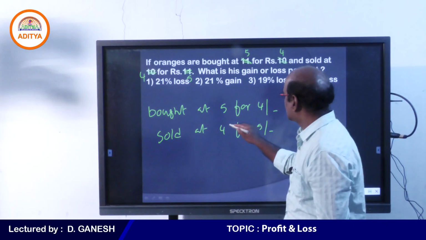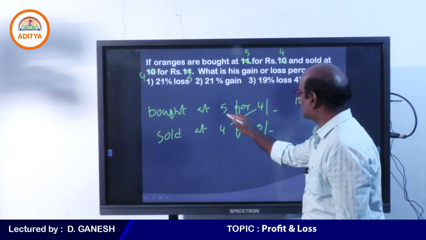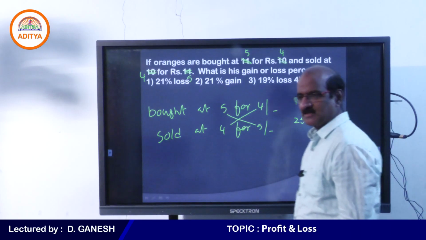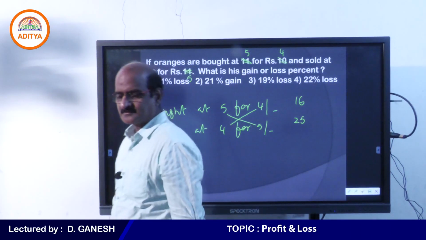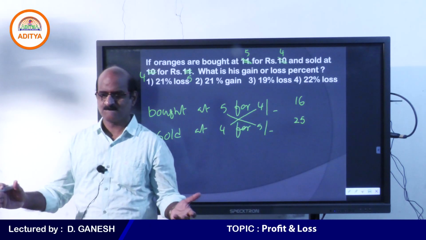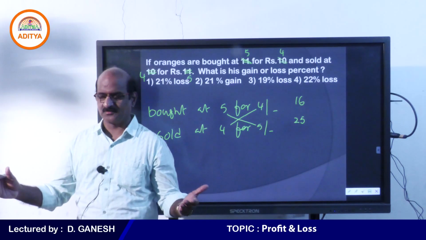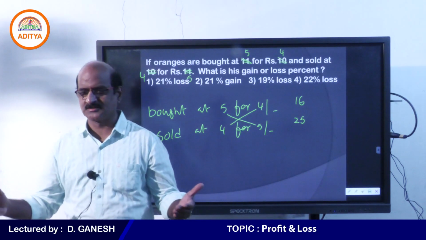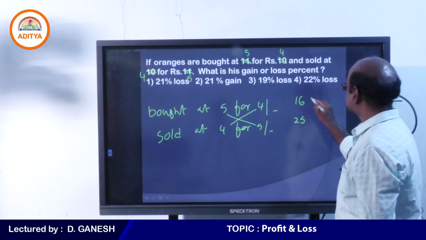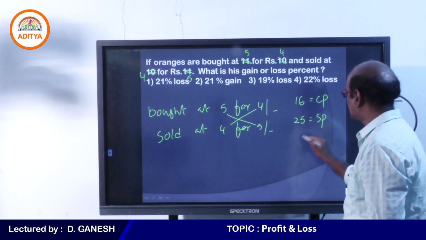Technique: 4 into 4, 16; 5 into 5, 25. Student, do you understand? Because you say there is a profit, cost price must be 16, selling price must be 25.